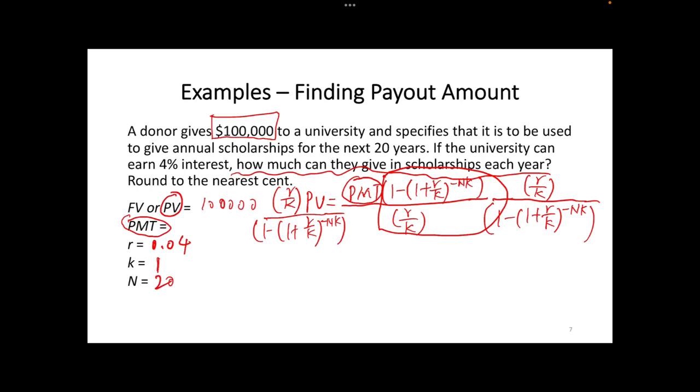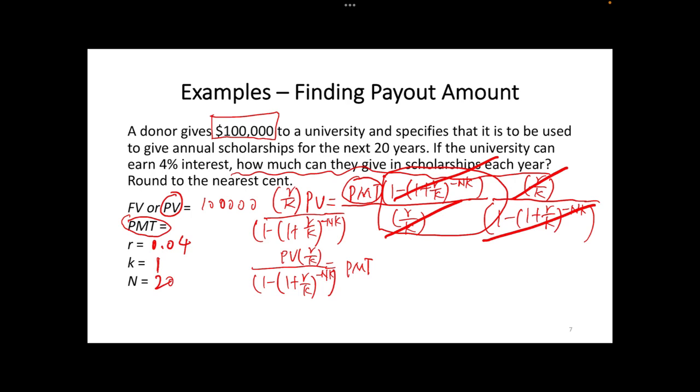So the new formula is: this and this cancel out on the right-hand side, so on the right-hand side we only have PMT. Left-hand side, we have PV times R over K as the numerator. Denominator is 1 minus parentheses 1 plus R over K raised to negative NK power, and then close the outer parentheses.